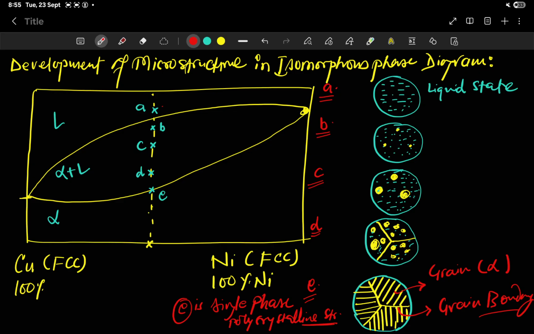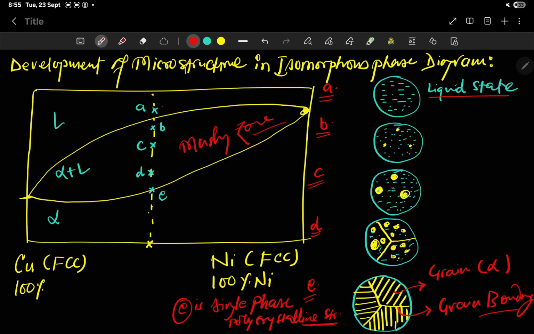So at location 1 we have only liquid state, because this point is present in liquid, so we will draw a lot of liquid points. As we come down on this line, we will enter the mushy region. This is the mushy zone. In this mushy zone, nucleation of the solid alpha phase will start.